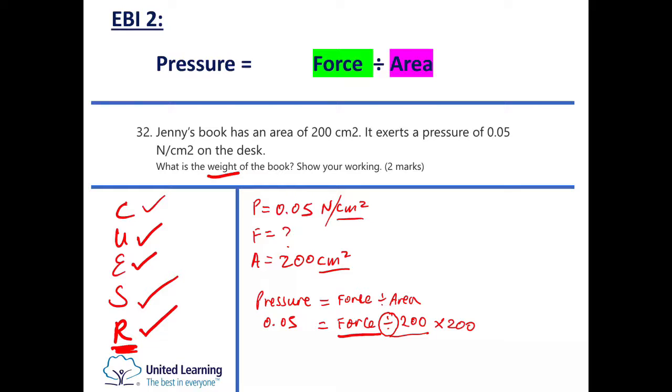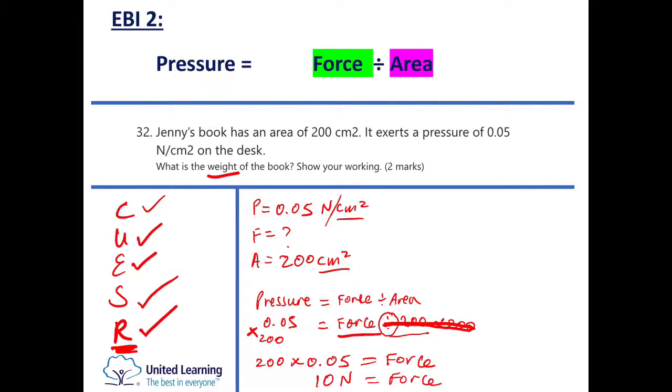In order to get rid of that, we also need to times this side by 200. By timesing both sides by 200, that effectively cancels out here. So we're left with 200 times 0.05, and that would be your force. So now the force is the subject, and the answer is going to be 10 newtons, and that's your force.